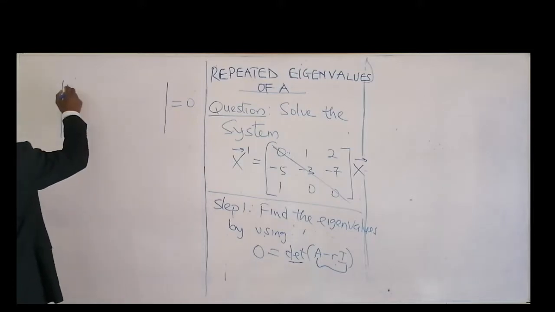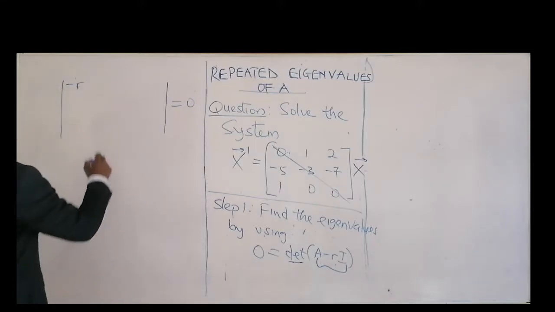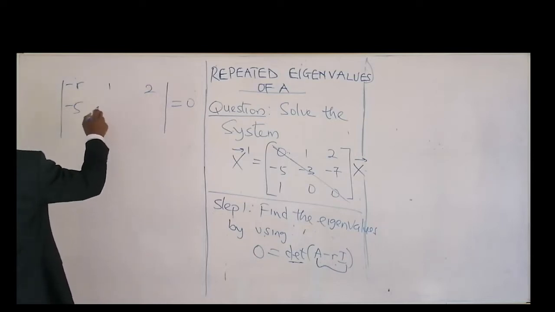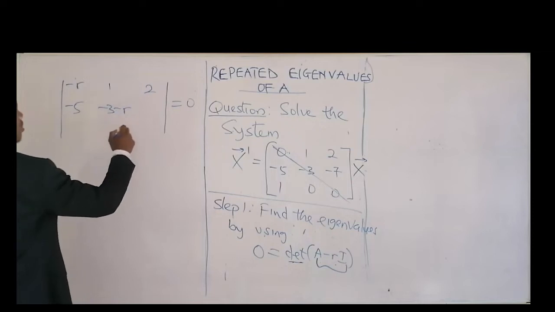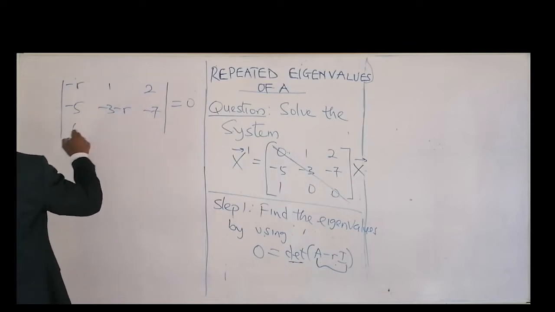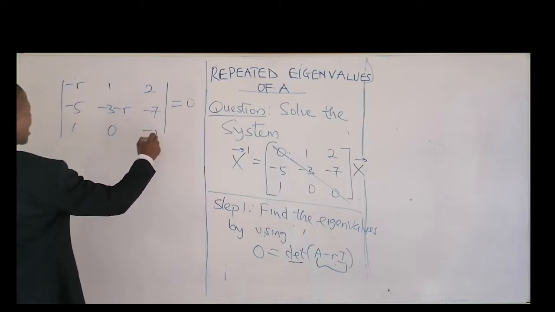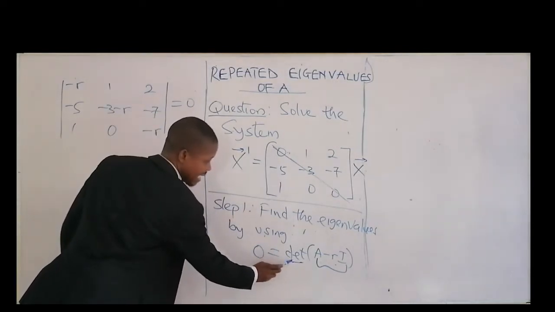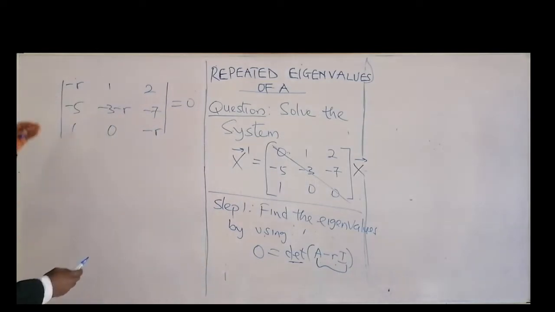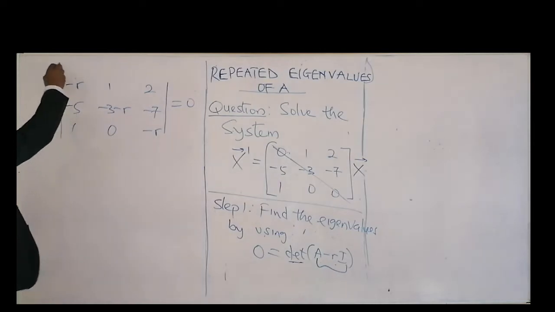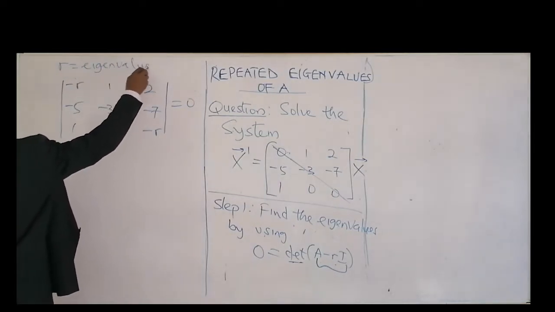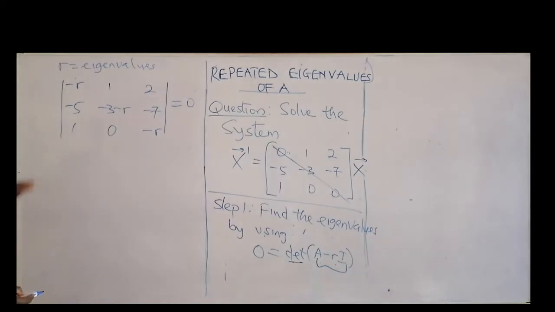So we now have negative r, 1, 2, minus 5, minus 3 minus r, minus 7, 1, 0, and then minus r. We have used this equation to get the eigenvalues, and don't forget your r is the eigenvalue.